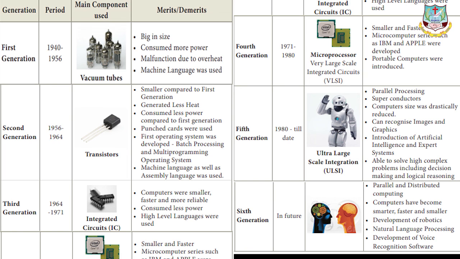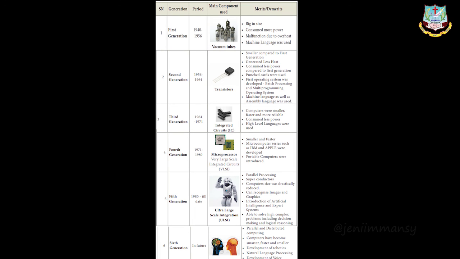Okay, when you are spending the time to learn, you just learn this thoroughly and write it and see. When you are writing for the exam also, you must put tabulations like this, and you have to separate it separately, like a serial number, generation, period, main components used, merits and demerits.